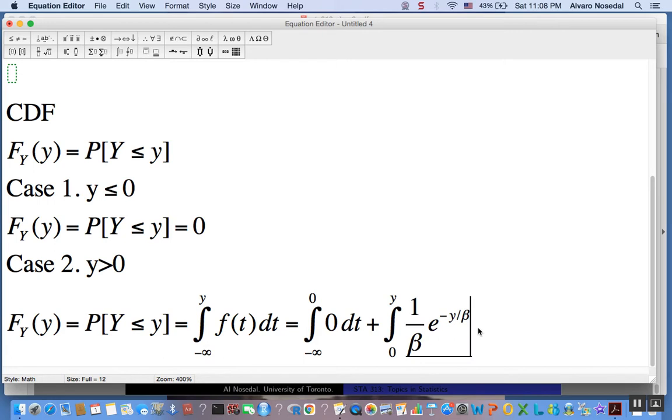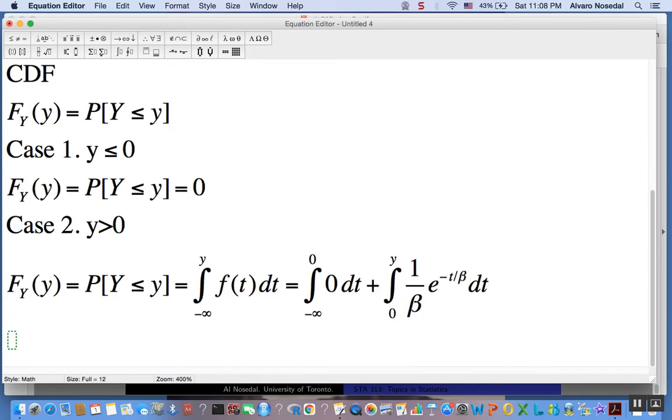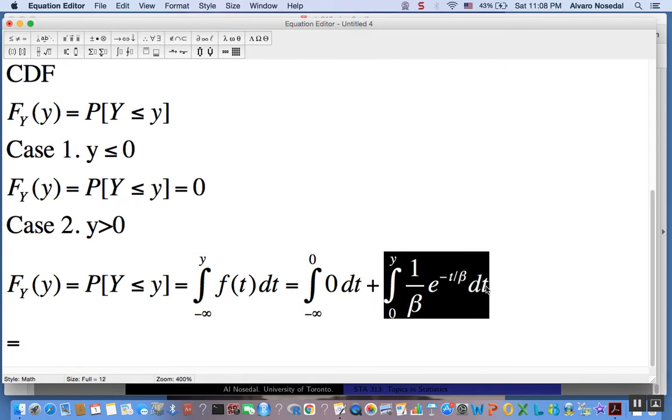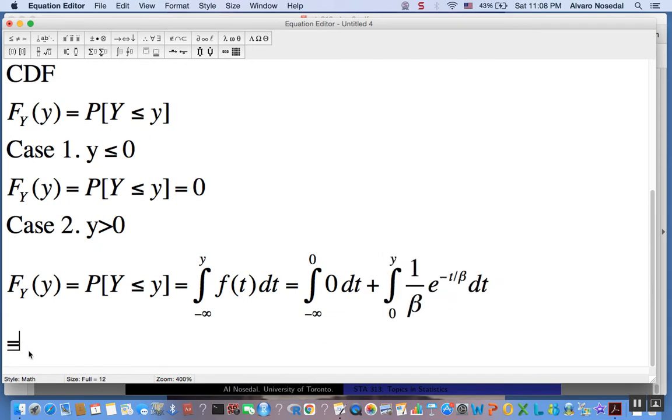Let me change variables here to t. Now the first integral is clearly 0. The second one is the only one we have to be concerned about.